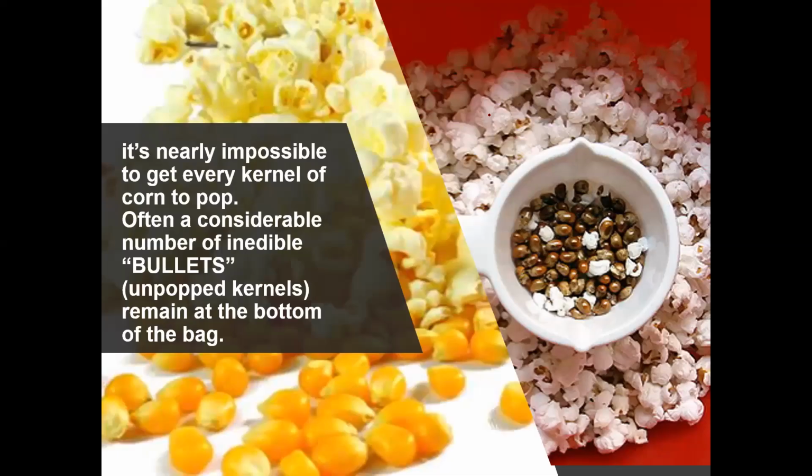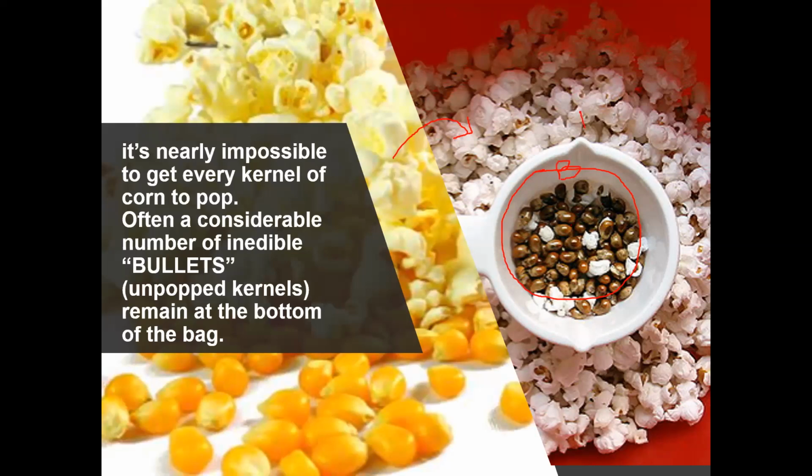So as I said in the introduction, when you pop corn, not everything is going to be popped. Some part of the corn is not going to pop and becomes something like this, called bullets. These are called bullets. The remaining is popped. It may be 10%, 5% or whatever.